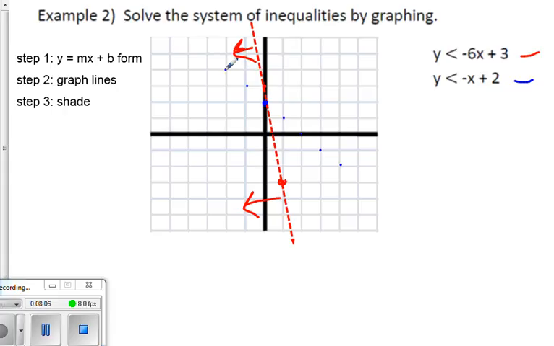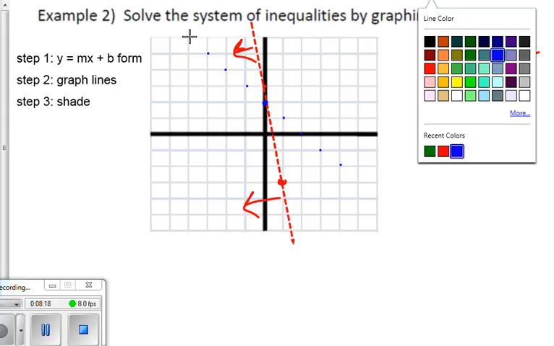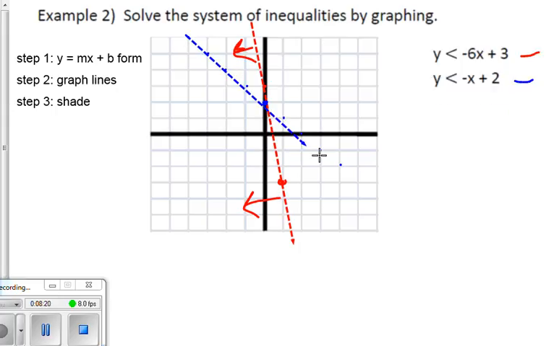This one's going to go in the opposite direction this way as well. Again, because it's just less than, not the or equal to, I need to make sure that I have a dashed line, like so. And again, I need to make sure that I'm shading in the right direction, less than that, so I need to go everywhere down here.